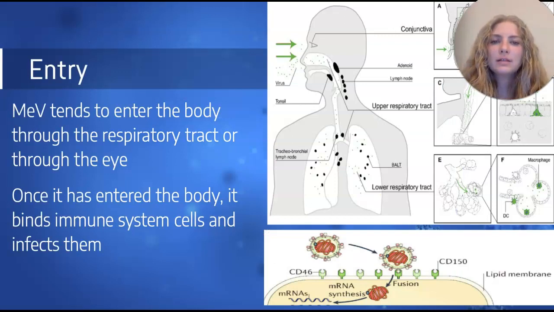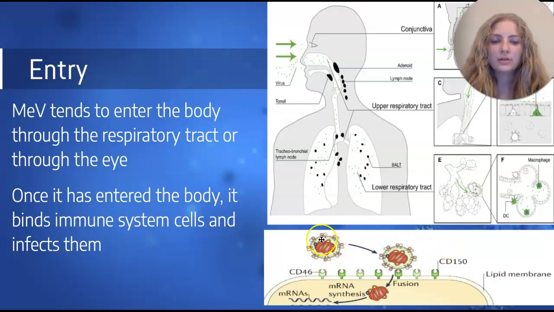So measles tends to enter the body through the respiratory tract or through the eyes. And once it enters the body through these areas, it binds to immune cells via the CD150 receptor. This receptor is present on dendritic cells, T cells, B cells, and I believe macrophages.